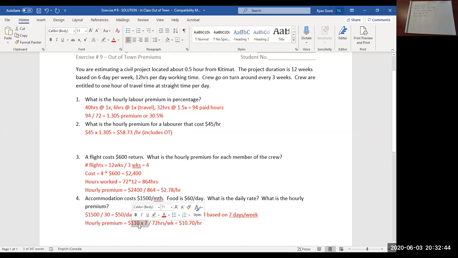So that gives us the total premium for a calendar week, right? $110 times 7 days. Then we need to divide that by the hours worked per week. So 110 times 7 would be 770, divided by 72 worked hours per week would give you a premium of $10.70 per hour for accommodations and food.